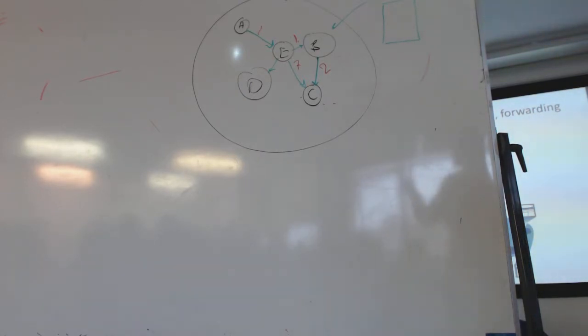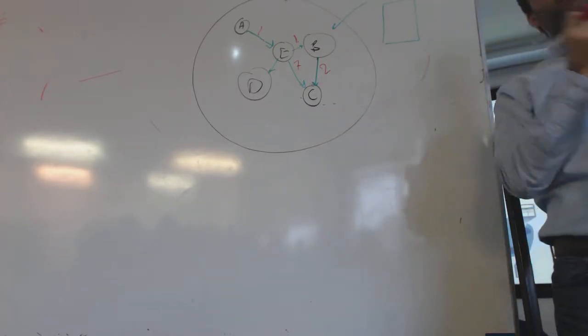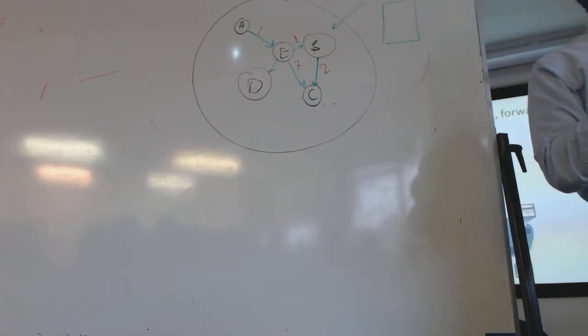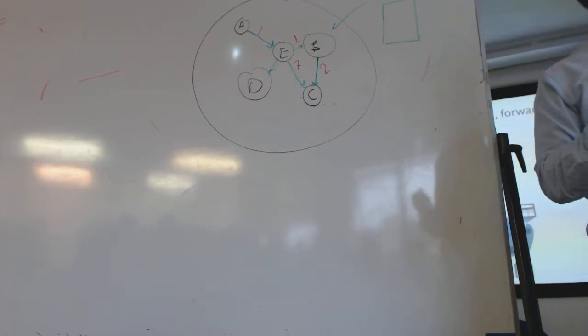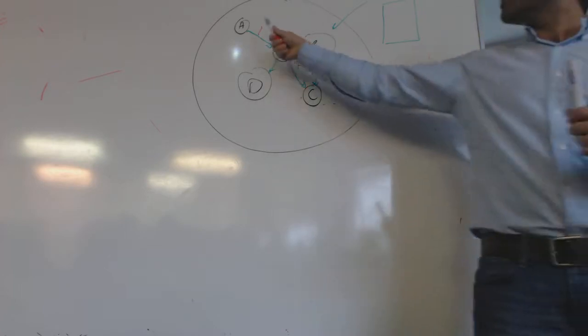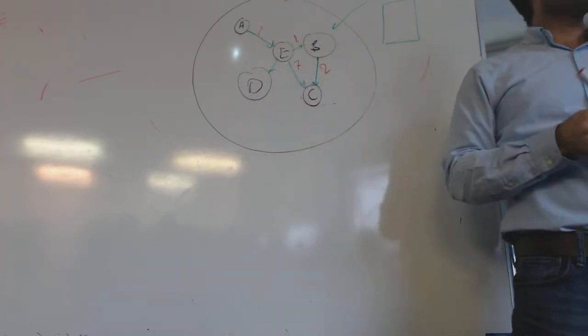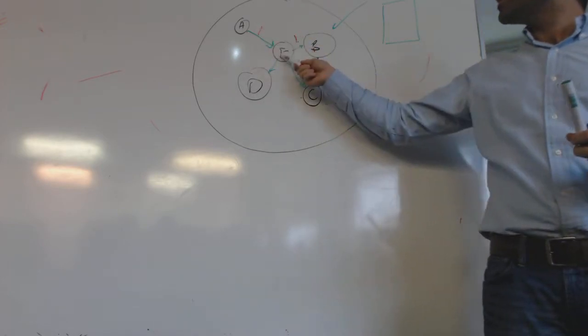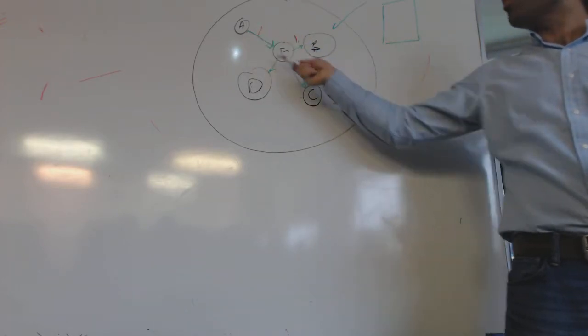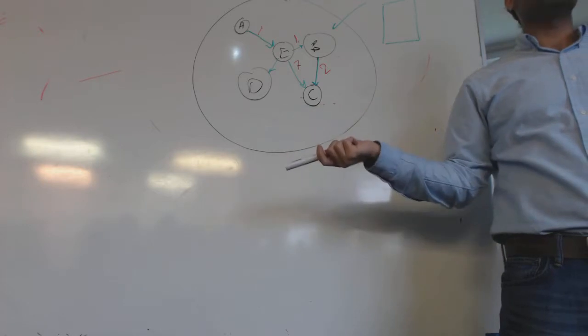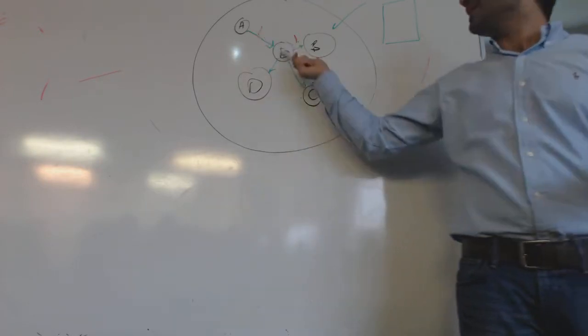But I want to ask, if you try to deliver it towards the destination C with the lowest cost, the least cost or the shortest path, which one do you go? If I say shortest path, B, C. Why do you choose that path? Is it shortest? That's 1, 2, 3. Meanwhile, this is 1 and 2. So the shortest path at the moment is going through E and C.